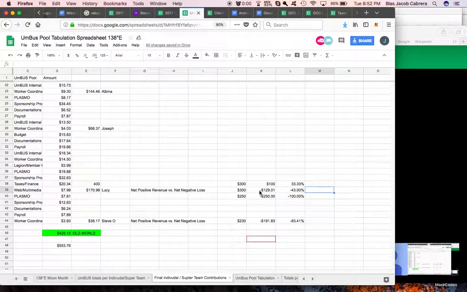So if you take the $170, right, for this, what happens is that Lucy's budget actually is going to split. She's going to have $170.99 in one budget, and then she's going to have $129.00 in the other budget, right?